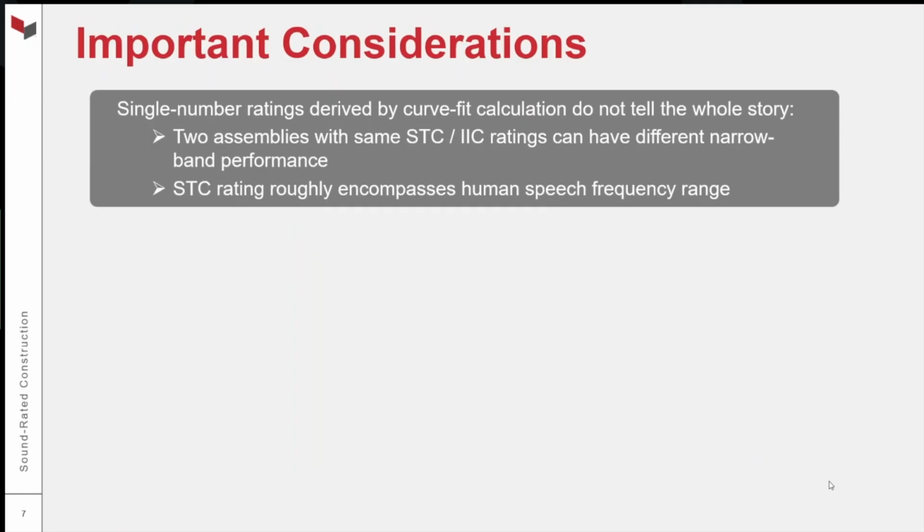Even if you have the same STC or IIC rating between two assemblies, you can see differences in their curves in the narrowband performance. Also, it's important to note that the STC rating roughly encompasses the human speech frequency range. STC is the sound transmission class, the measure of airborne sound transmission, and it gives you a snapshot of how that assembly will perform relative to human speech being the sound source.